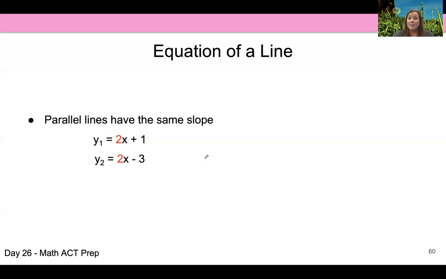Well, you should be able to say yes. And then when I say, prove it. How do I know you're not guessing? Prove that you know they're parallel. Your answer would be because they have the same slope. And lines that have the same slope are parallel. It's one of our theorems that we have.